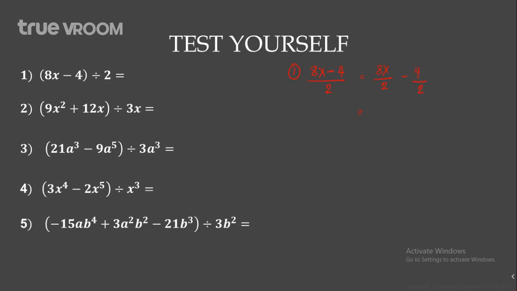So what is 8x divided by 2? 4x. Minus, what is 4 divided by 2? 2. Correct. So 4x minus 2 is the answer for number 1.